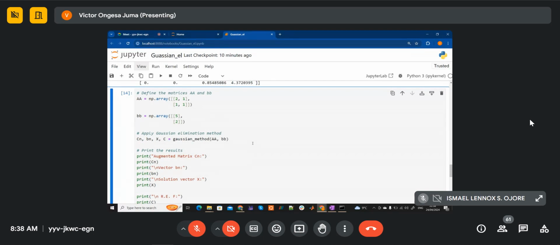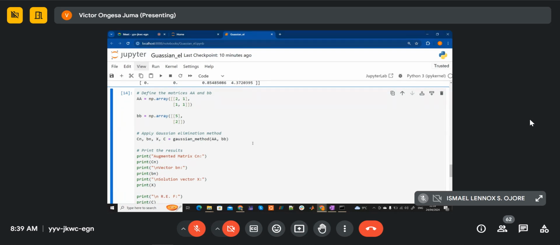So if we reduce it, can somebody reduce it manually? What do you get? You have 2, 1, 1, 1, and then you have 5, 2. And then I multiply this by the first one. So the first one remains as 2, 1, 5. The second one, I multiply the second one by 2, and then subtract from the first one. That will be 0.